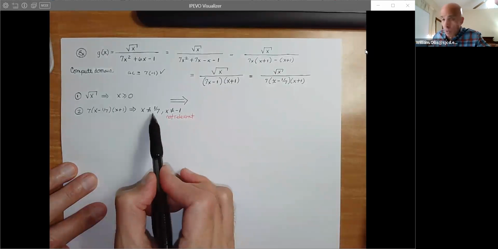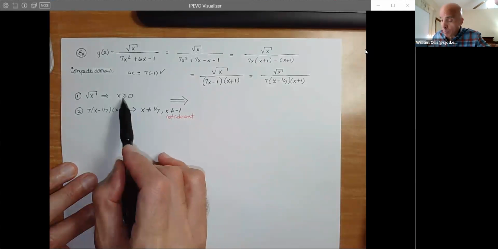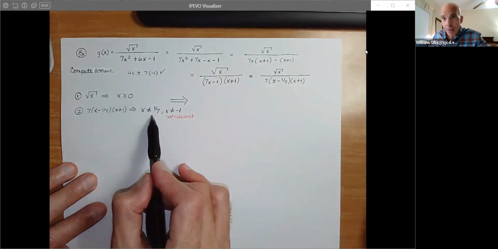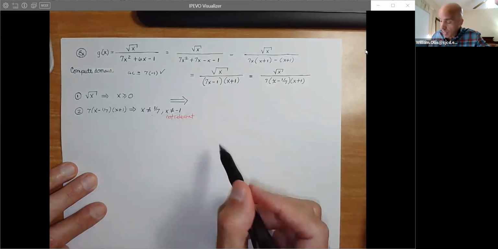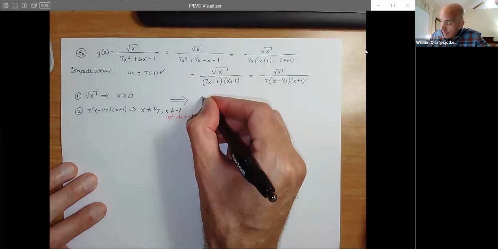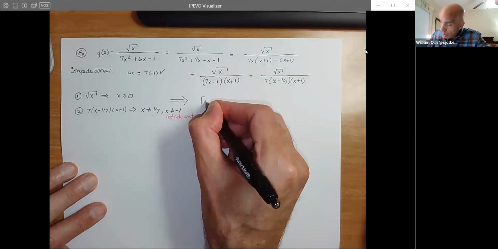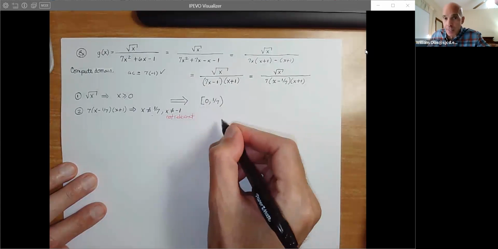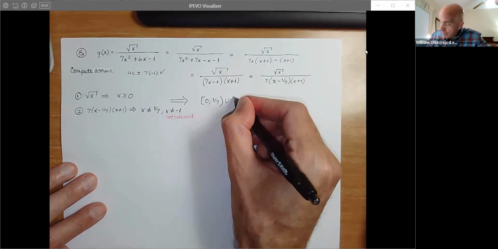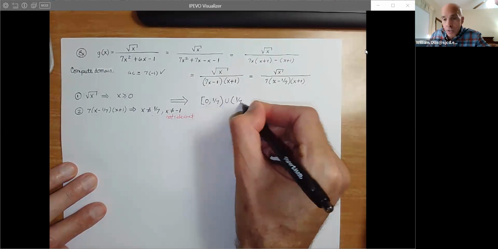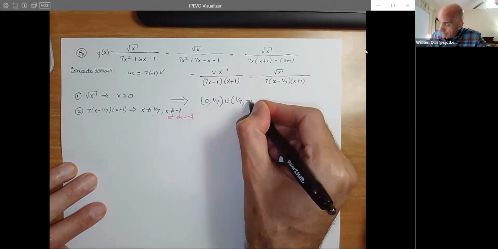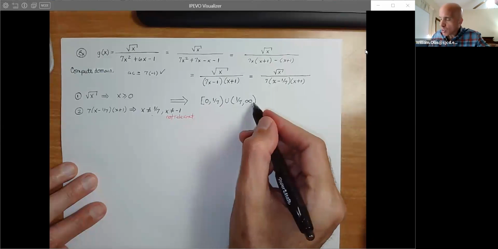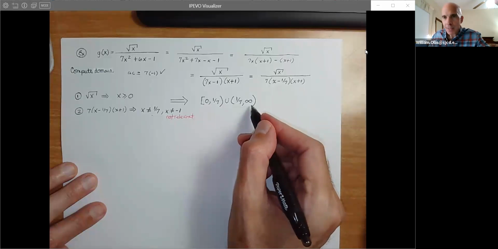But this 1/7 is. So as we move from 0 on up, we have to exclude 1/7 and then carry on past 1/7. So this implies that we take 0 to 1/7, parenthesis, union 1/7 to infinity. And then of course, resist the temptation to put a bracket around infinity.